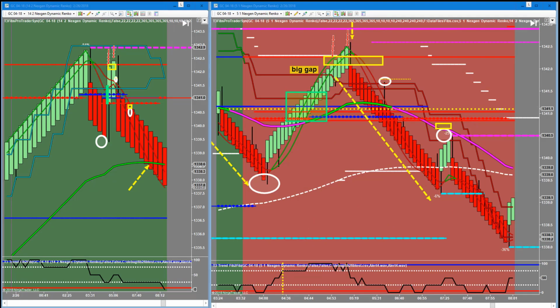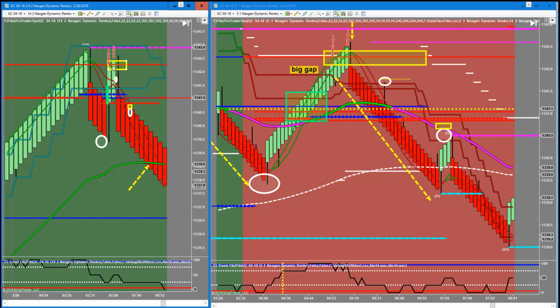So again, just to review, if you reach the edge of Fibonacci resistance and the triggers are very strong, you have to wait for the triggers to roll over, wait for the area to be retested, and then you can take advantage of the edge of Fibonacci resistance in this case, or support if it's coming from the bottom.